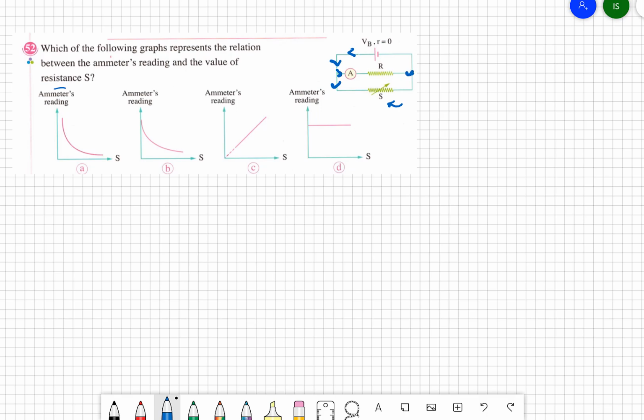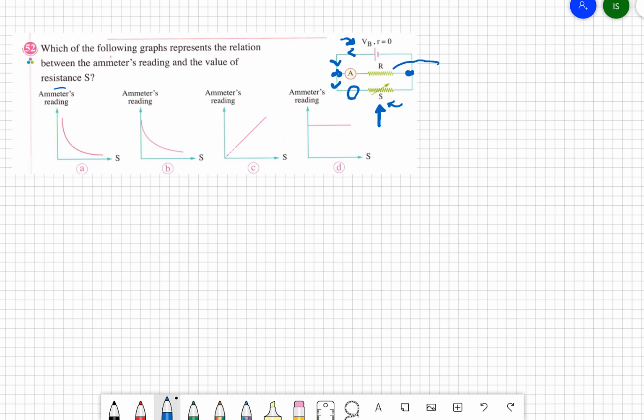But hold on, the voltage between these 2 points is exactly the same as V battery, the electromotive force. When you change the rheostat or the resistance S, make it larger or smaller, it affects only the current moving here to get the same voltage as the battery.